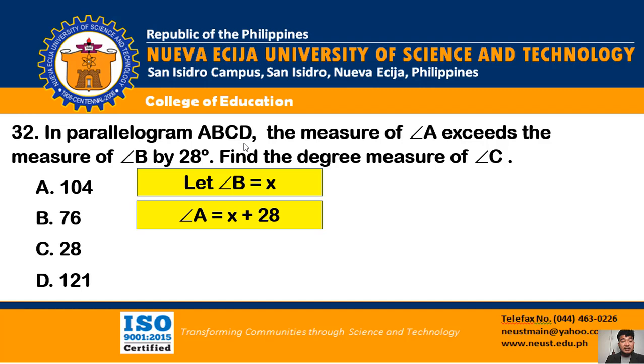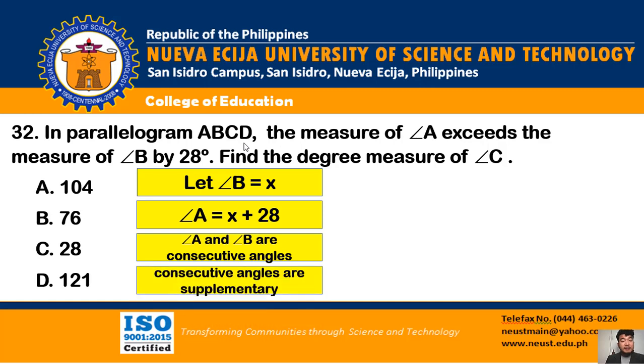And take note that angle A and angle C here are congruent because they are non-consecutive angles of a parallelogram. Consecutive angles are supplementary. Angle A and angle B are consecutive angles, so they are supplementary, meaning that their sum is equal to 180 degrees.